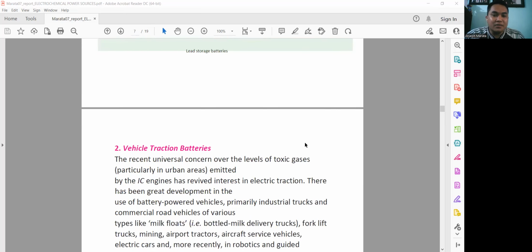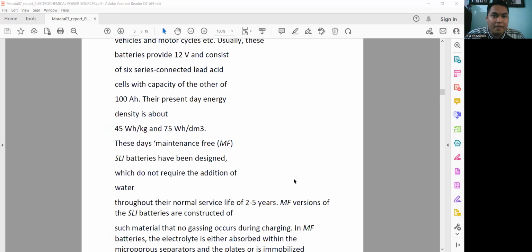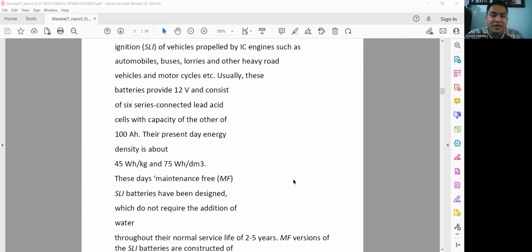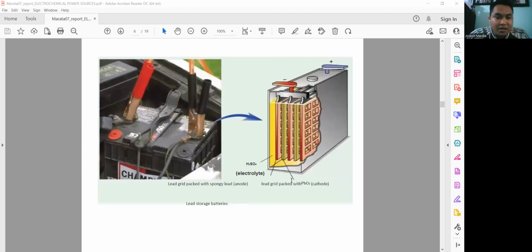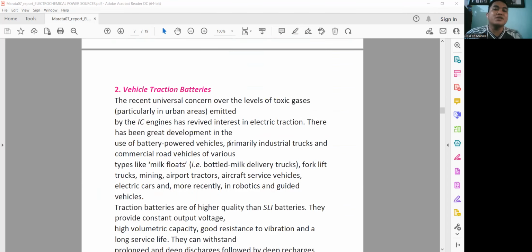The next classification of lead storage batteries is the vehicle traction batteries. The recent universal concern over the levels of toxic gases, particularly in urban areas, emitted by the IC engines has revived interest in electric traction.